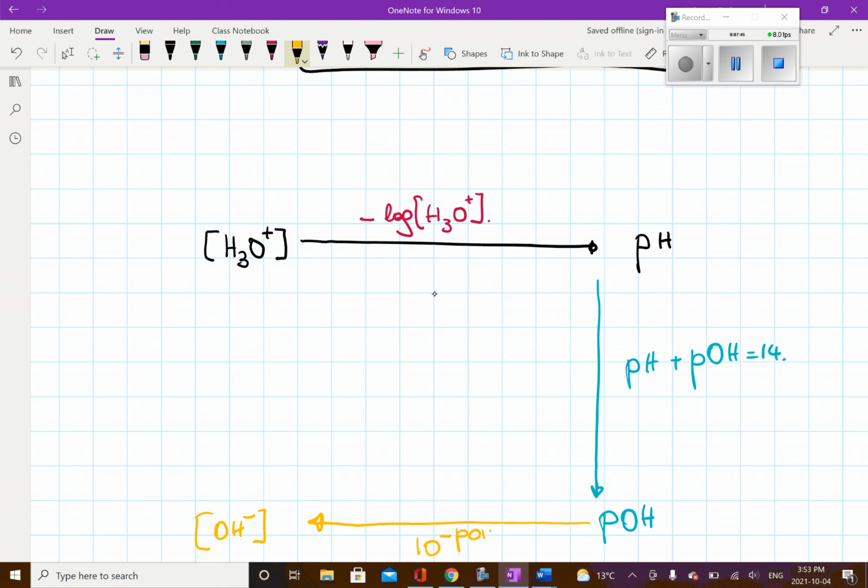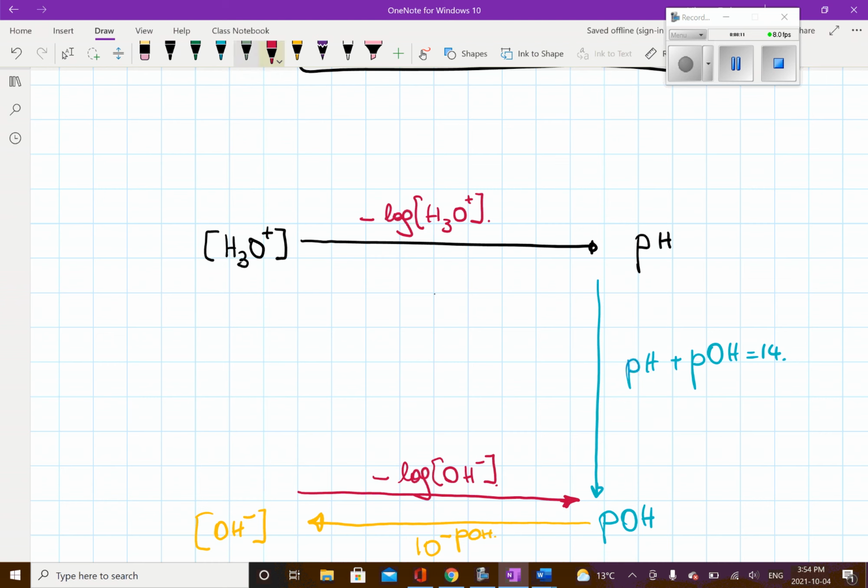negative pOH. And now to go in the other direction, if we know the concentration of hydroxide and we want to calculate pOH, then we go negative log of hydroxide.